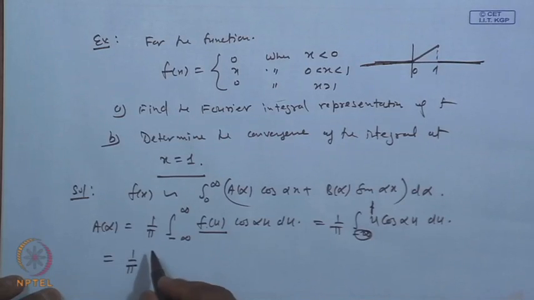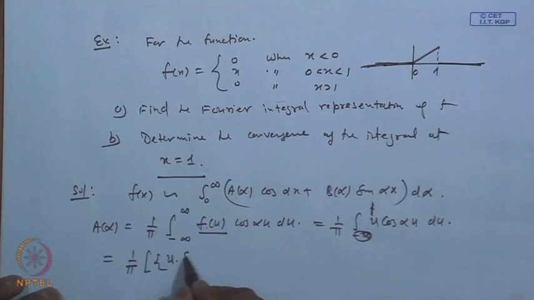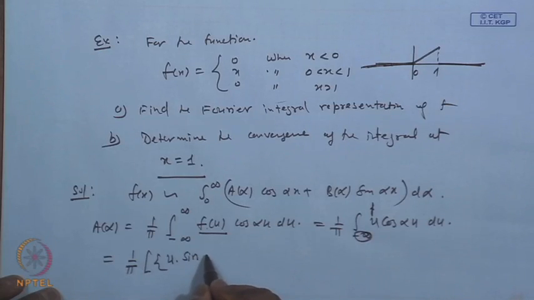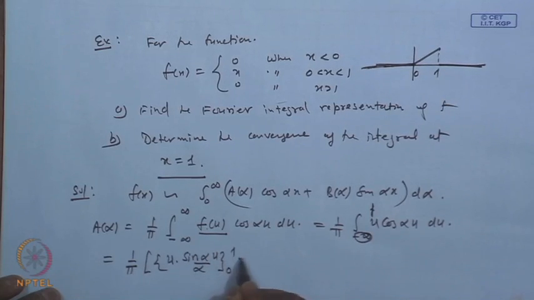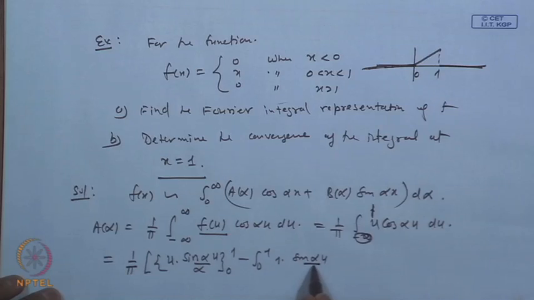So, 1 over π, u as it is, times the integral of cos, that is sin αu over α, from 0 to 1, minus the integral from 0 to 1 of the derivative of u, which is 1, times minus cos αu over α du.